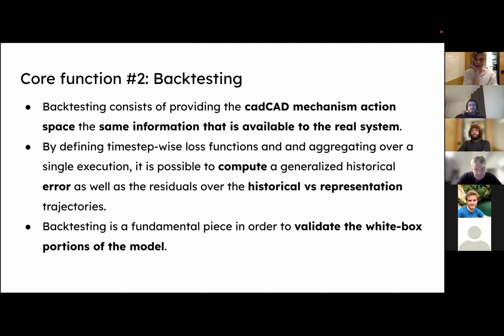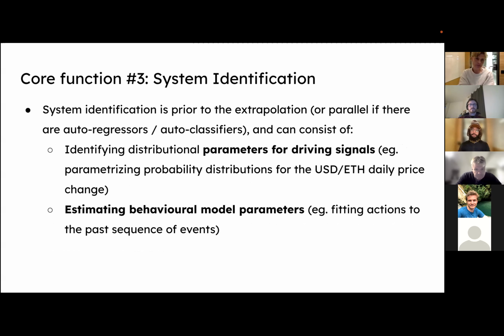After this core function of backtesting against the historical data, we can proceed to system identification. The behavioral models that I put in core function 0 most of the time have a lot of free parameters, and they need to be fitted against the real data. There are a lot of ways to do system identification.